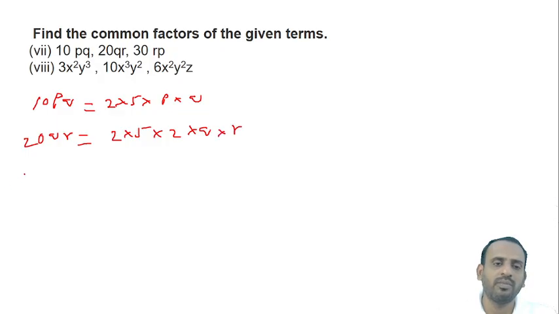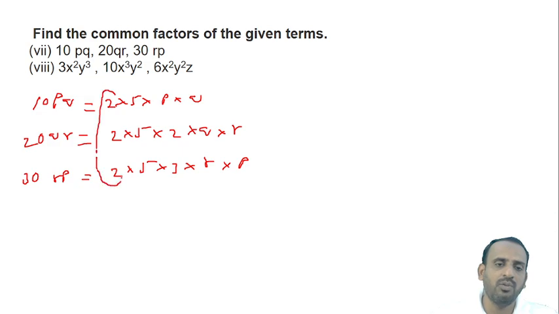Okay, 30 rp, we can write it as 2 into 5, 10, 10 into 3, 30 into r into p. Now let us see. We have 2 common, we have 5 common. Then do we have Q? No, we don't have R, we don't have P. That's all. So we have 2 into 5. That's all we have common here.